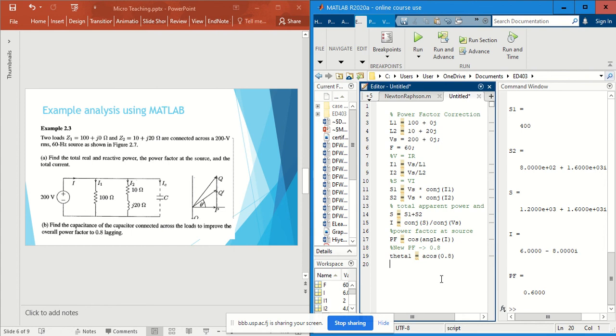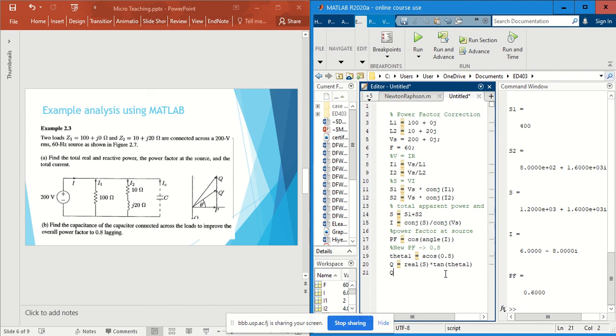Now the reactive power will be, so we'll just say this is Q, real of S times tangent of theta 1. Remember this is from the formula I defined previously. So now we have our reactive power that we will need.